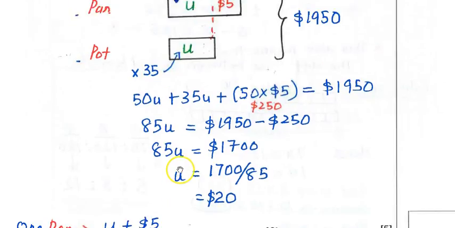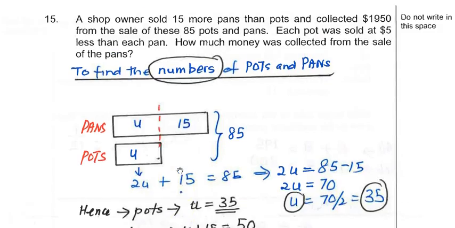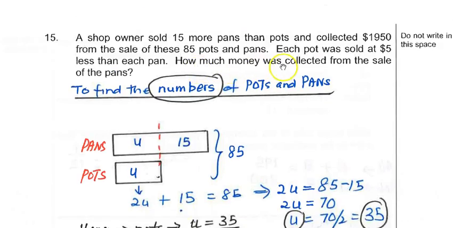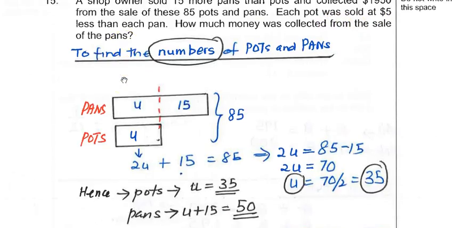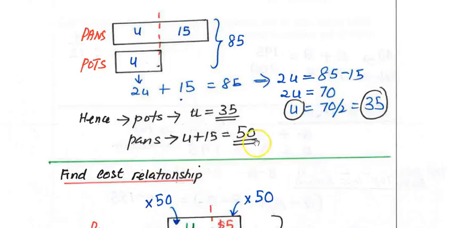So the question is, how much money collected from the sale of pans? Now the sale of pans, there are 50. We are not talking about pots already. Now the question asks, there are 50 pans.